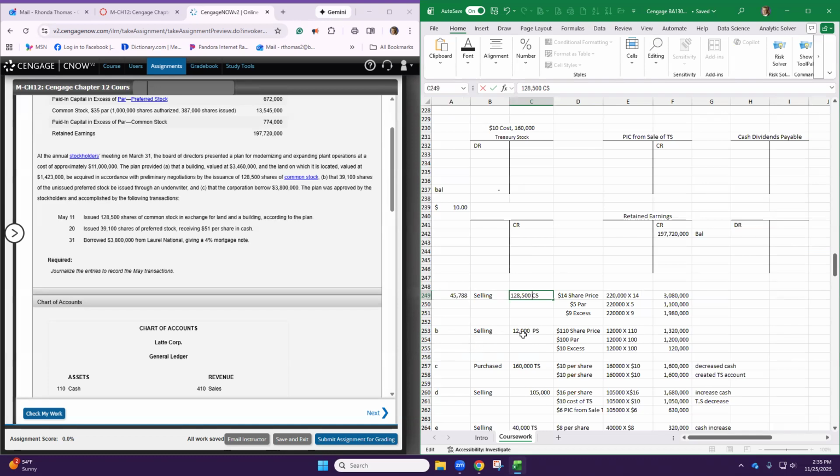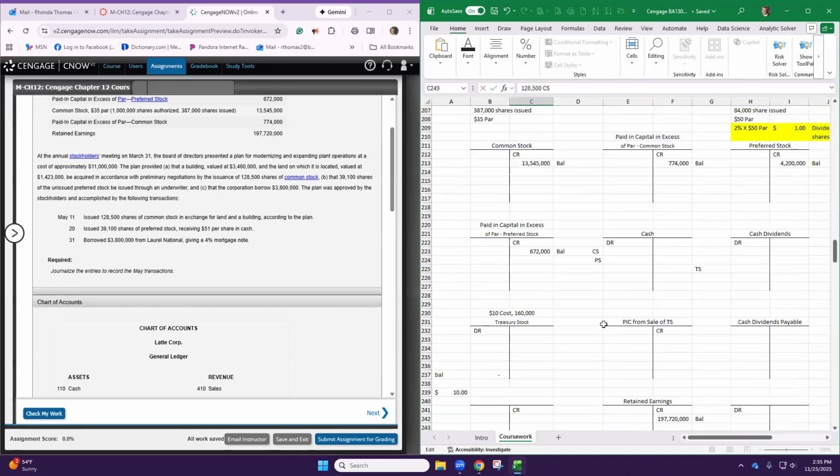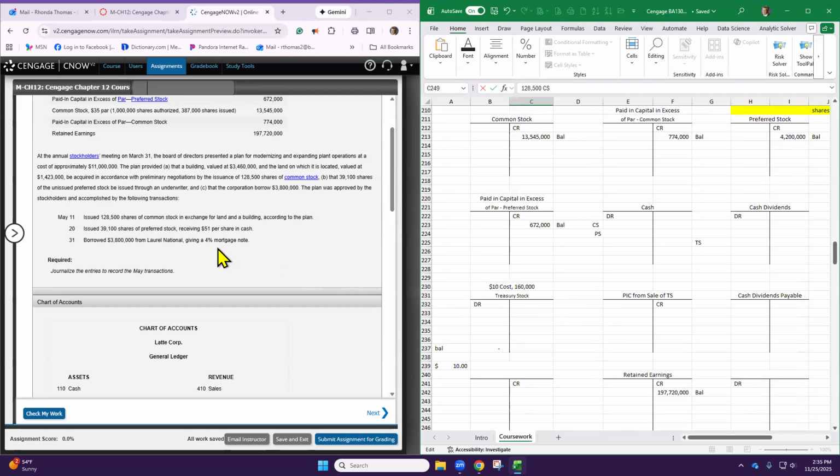Okay, so remember the par is 50. Let me see here. The land and the building. I'm going to have to change the names of a couple of these, and that's fine.